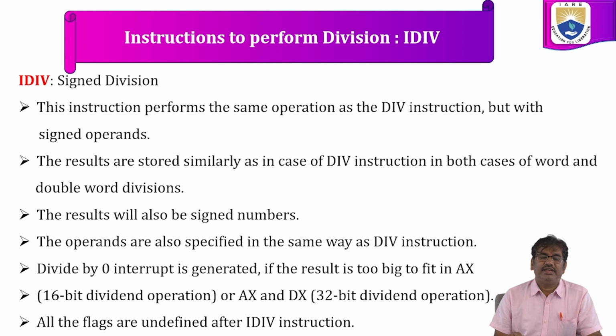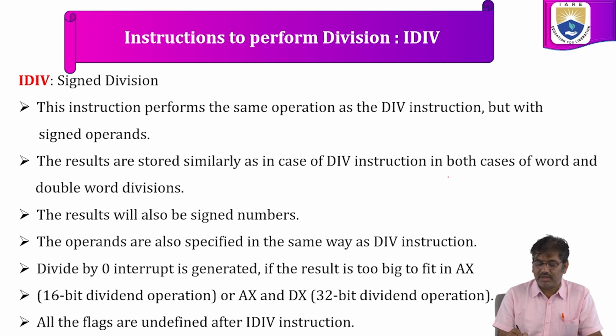In IDIV, the data is signed. So this instruction performs the same operation as div instruction, but with signed operands. The results are stored similarly as in div instruction in both the cases of word and double word division.